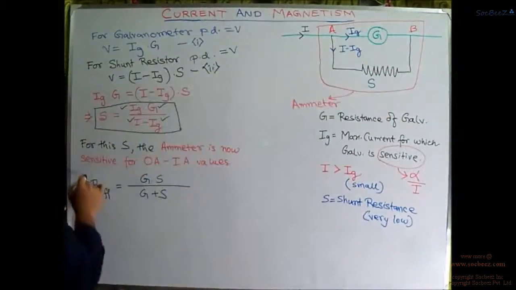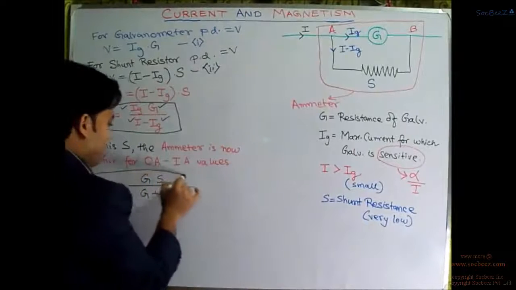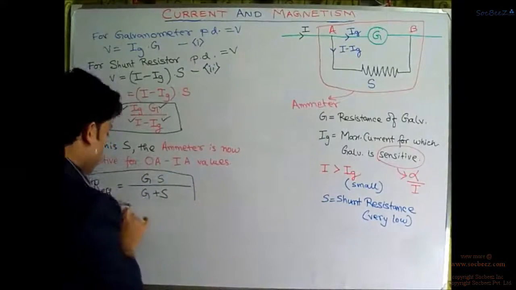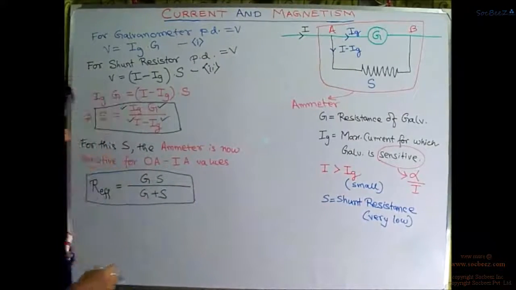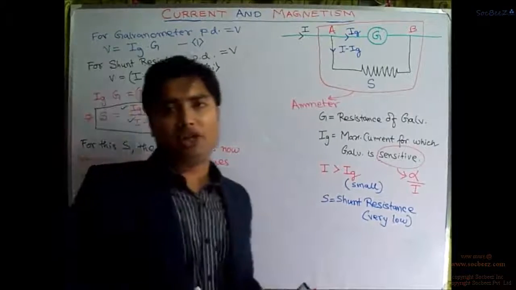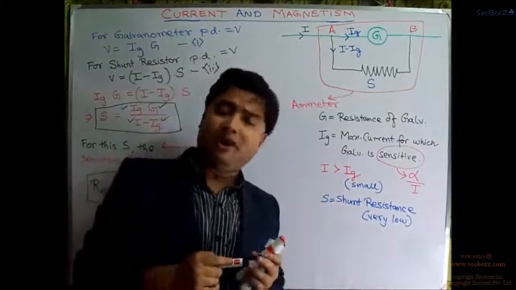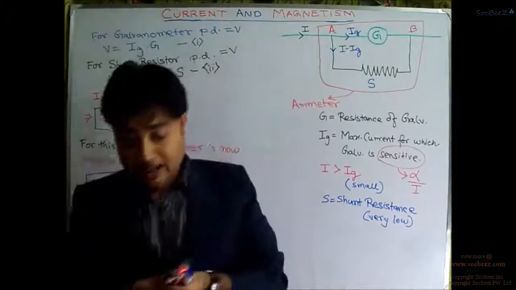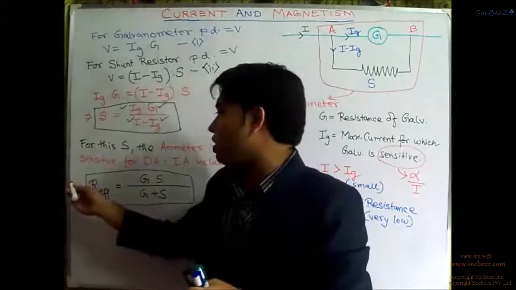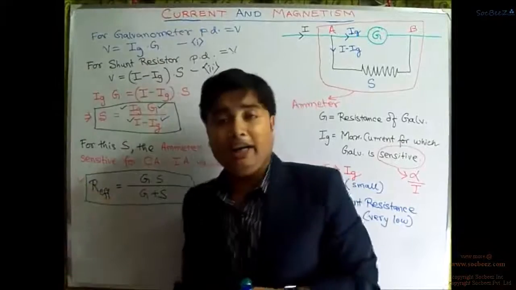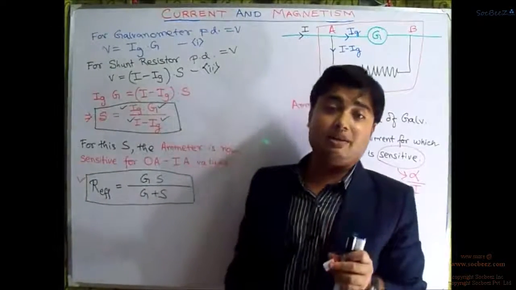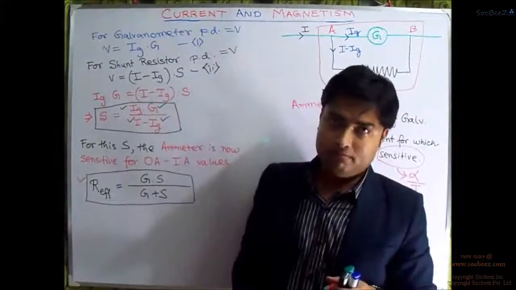And if we make a parallel combination of two resistances, their effective resistance will be lesser than both of them.